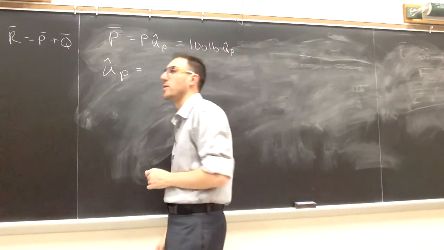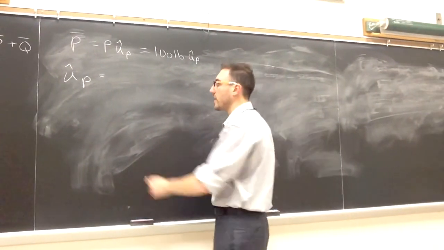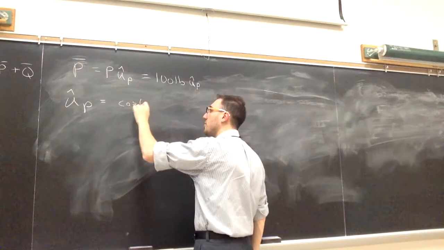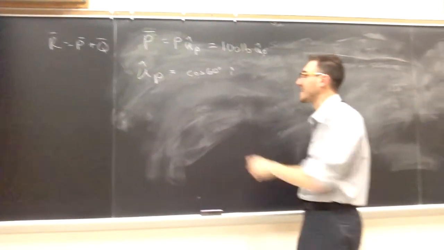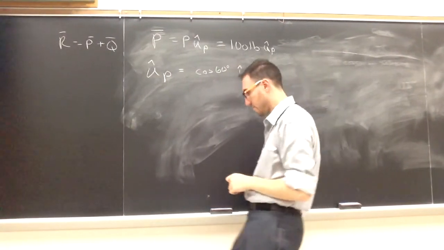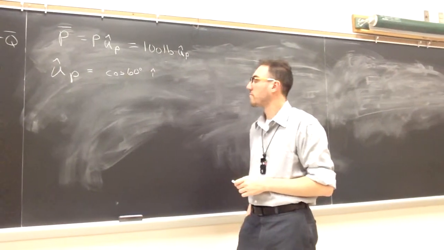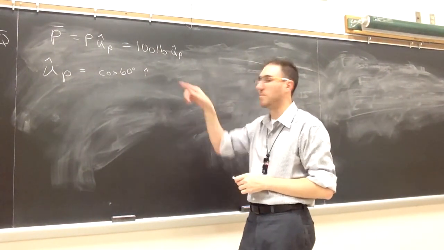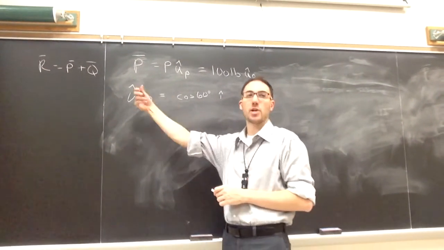So for example, if we look at the angle that vector p makes with the x-axis, 60 degrees, that means that for this unit vector, the i component will be cosine 60. And then we'll find the fraction or the decimal in a minute here. But cosine 60 is the i component for u hat, the direction of p.